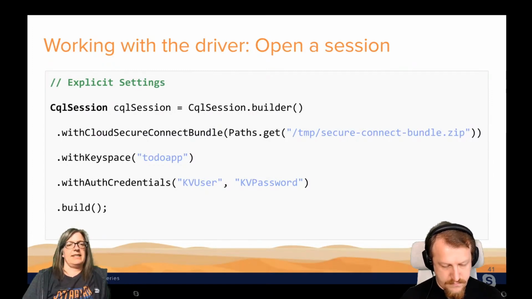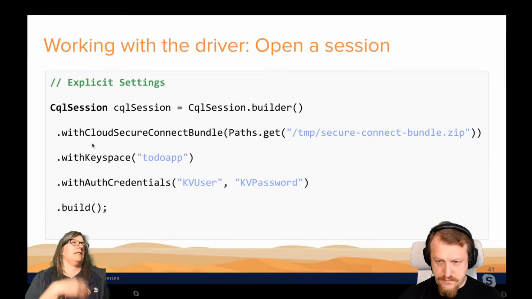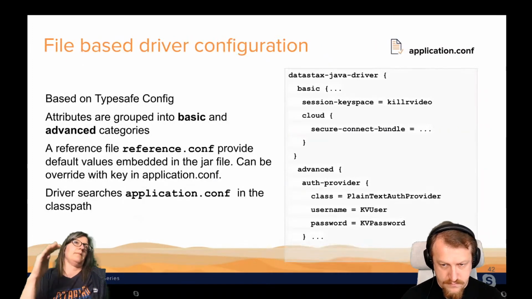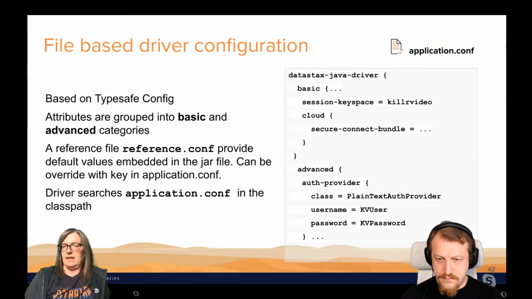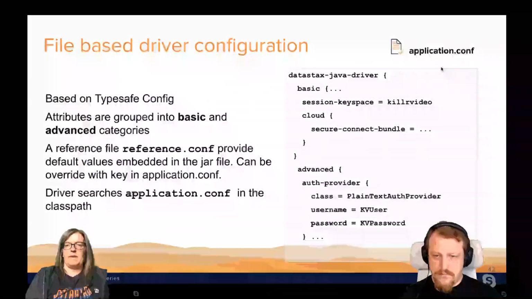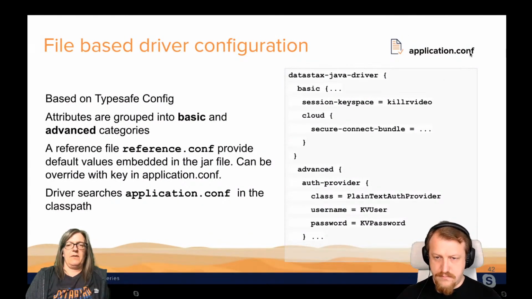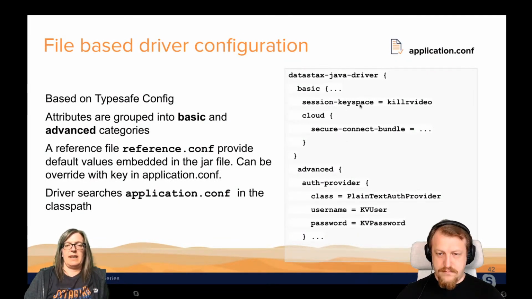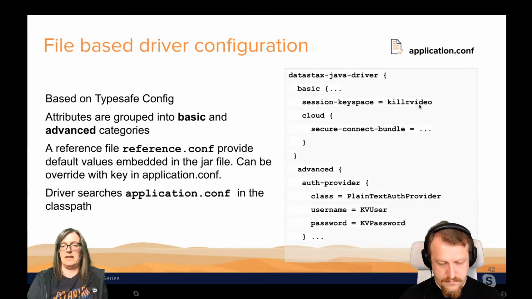The alternative to this, because there are a lot of additional configurations that you might pass in with the session, is that you can actually set all these details in a file. The driver looks by default for a file named application.conf and takes this structure where we set all the properties for the Java driver. The basic one here, we're setting the keyspace. This is actually for the todo app today, but I used that for KillrVideo in the past.